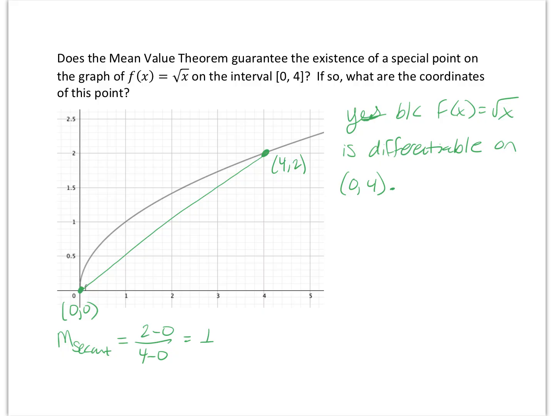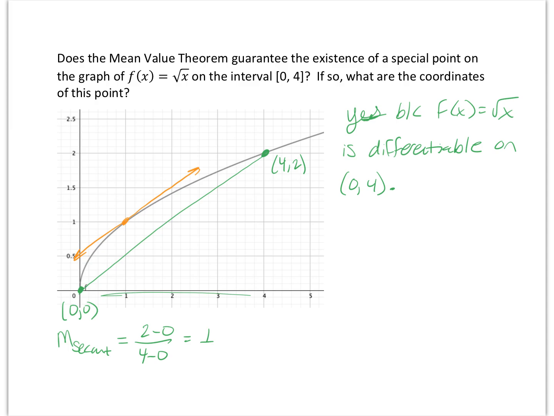So it says there is a spot somewhere between 0 and 4. There's a C value so that my tangent line is parallel. And I'm just eyeballing it. I think it might be right here-ish, where I draw the tangent line, and it is parallel to the secant line.